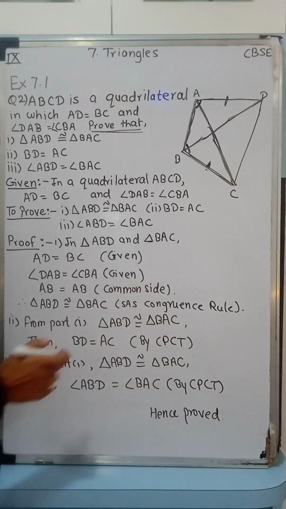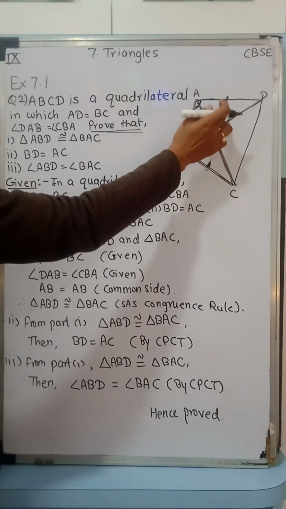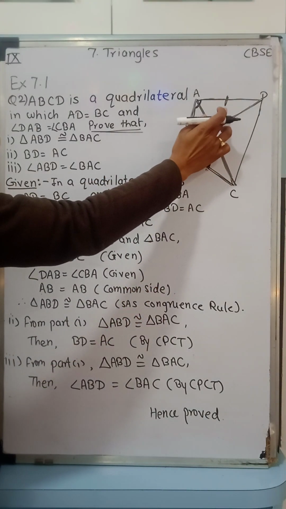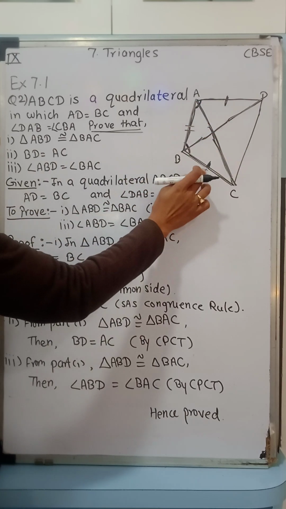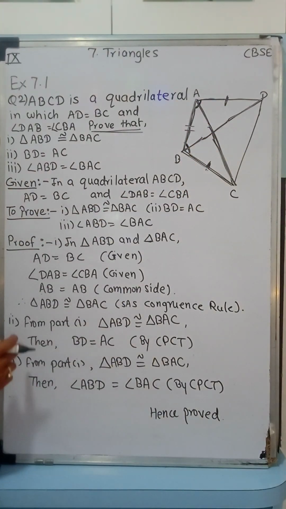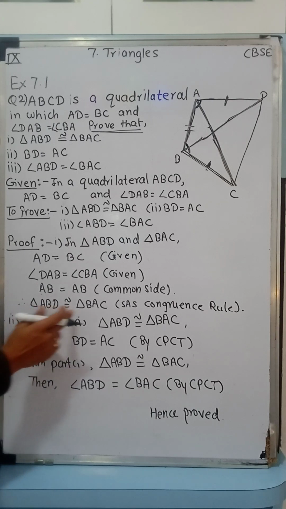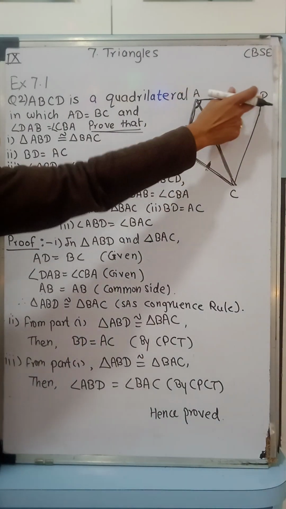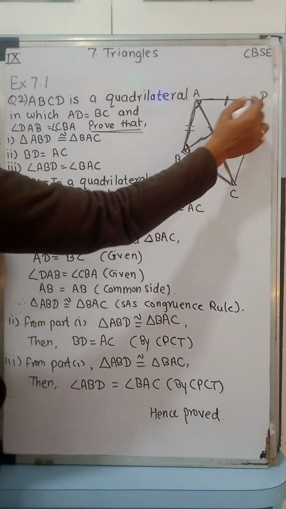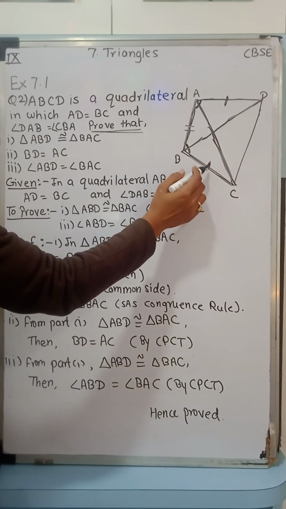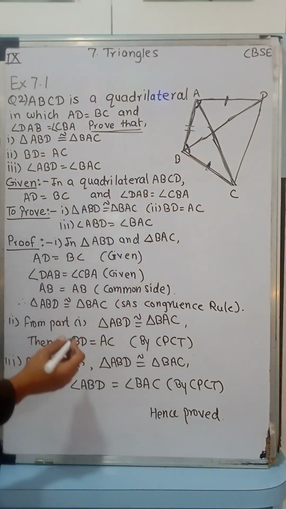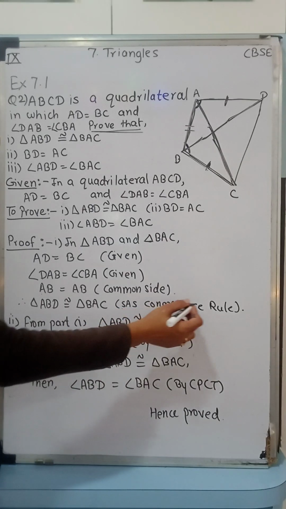So we have side, angle, side, and therefore triangle ABD and triangle ABC are congruent by the SAS congruence rule.